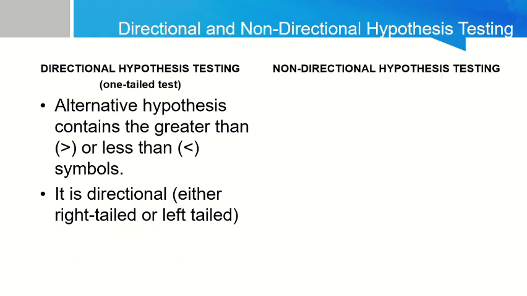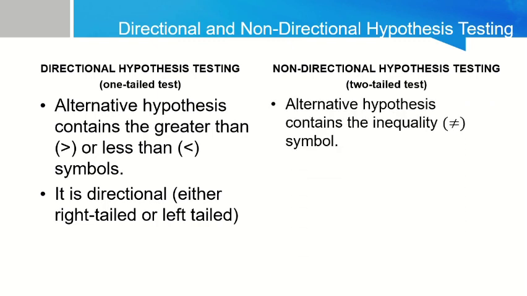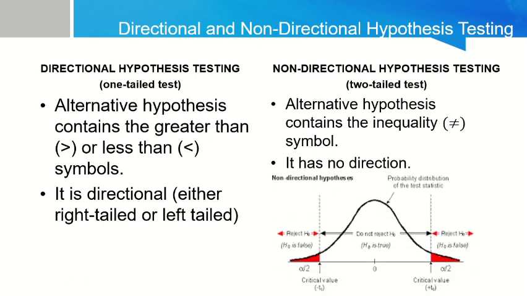How about non-directional hypothesis testing? It is also called the two-tailed test. Alternative hypothesis contains an inequality symbol. Ito, makikita niyo naman siguro. It has no direction, of course.